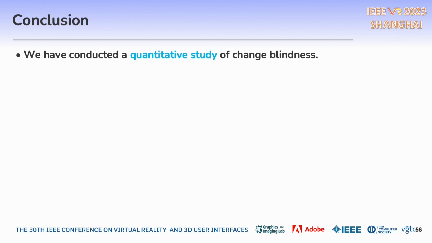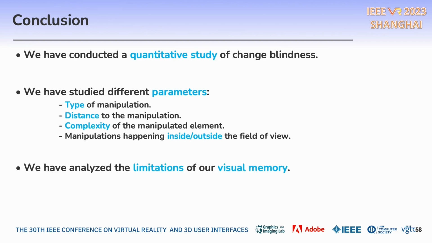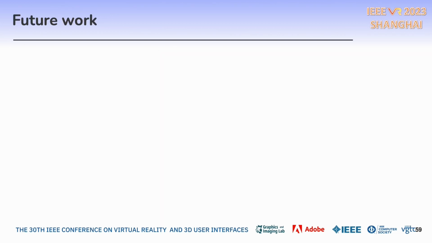To summarize, we have conducted a systematic study of change blindness in immersive environments and have studied a set of parameters and their effect in the phenomenon. Besides, we have analyzed the limitations of our visual working memory. Many exciting lines of research remain open.